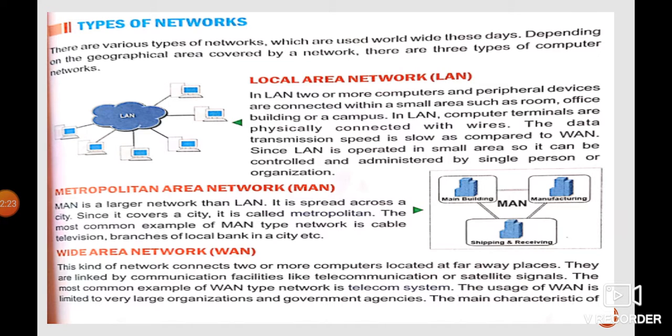So in LAN we connect the computers and peripheral devices within a small area, like within a room, in office buildings, or a campus. Means if you want to create a network in a campus, there you will make a LAN, local area network.